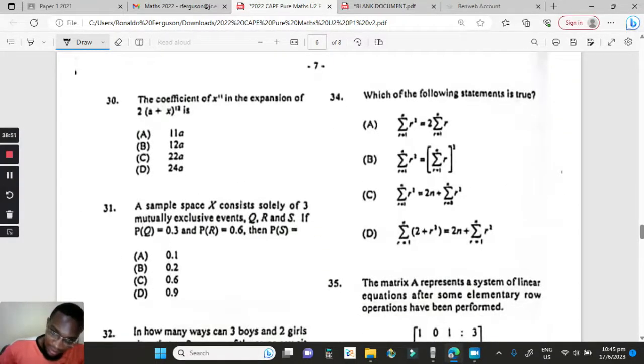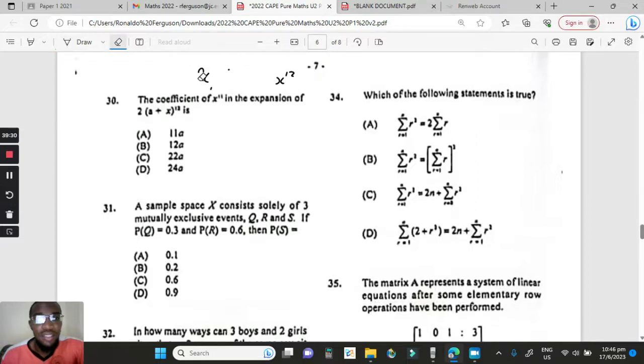Number 30, I know this is a repeat, but can't remember. The coefficient of x to the 11 in this. So x to the 11 is all the way close down to the last one. You know the last one is x to the 12, but just before that, it would be n choose 1, a to the n minus 1, b to the 11, well, n choose 11, a to the n minus 11, then b to the 1.